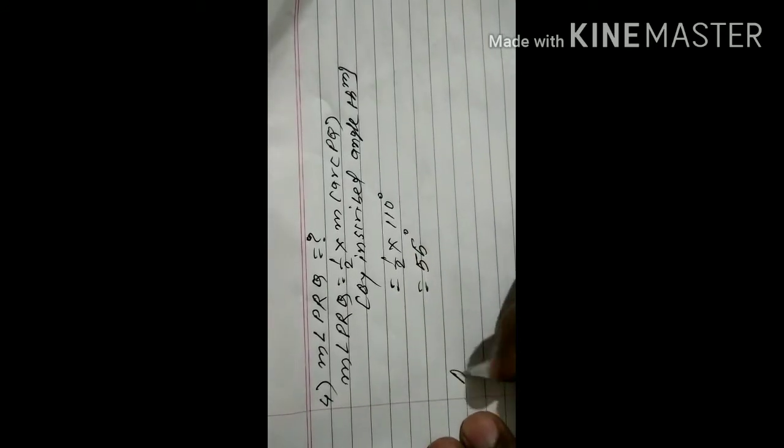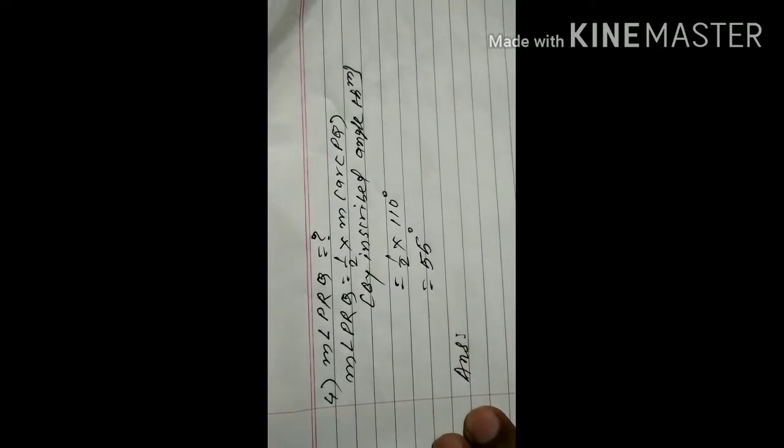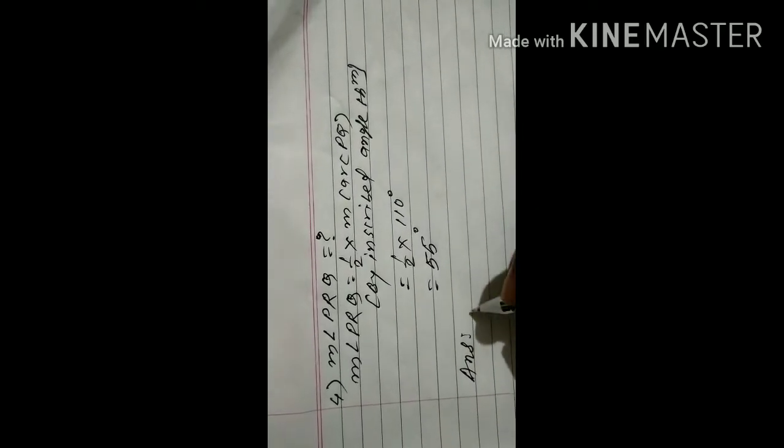Last, you write the answers. First, angle PQR is equal to 70 degrees. Second, measure of arc PQR is equal to 220 degrees.